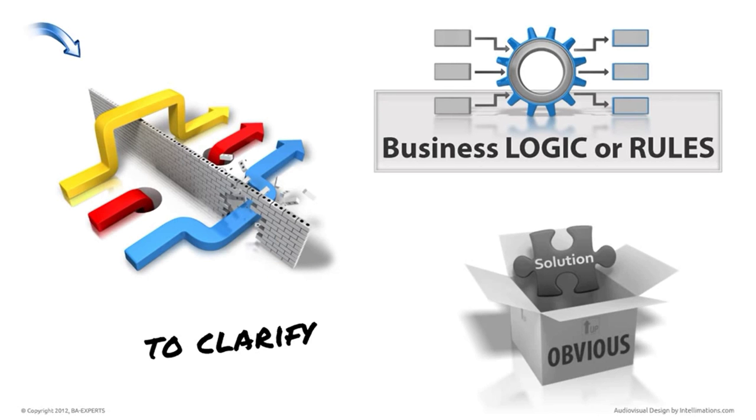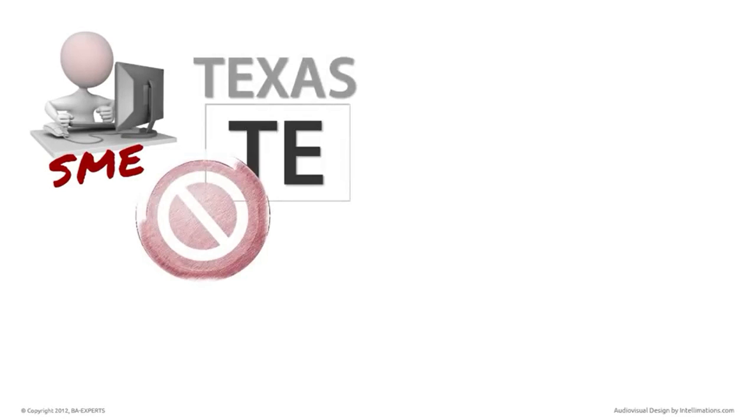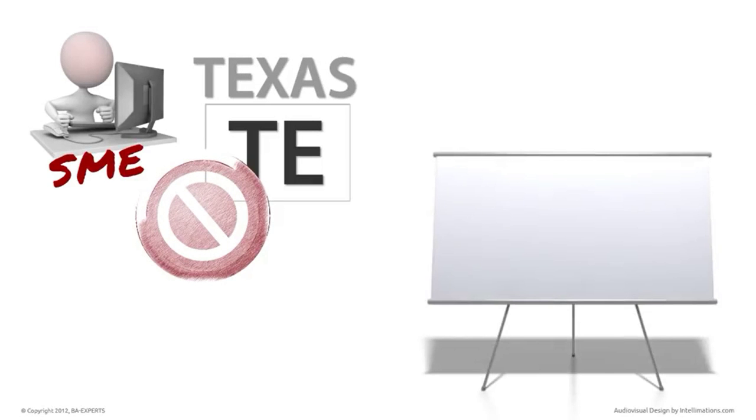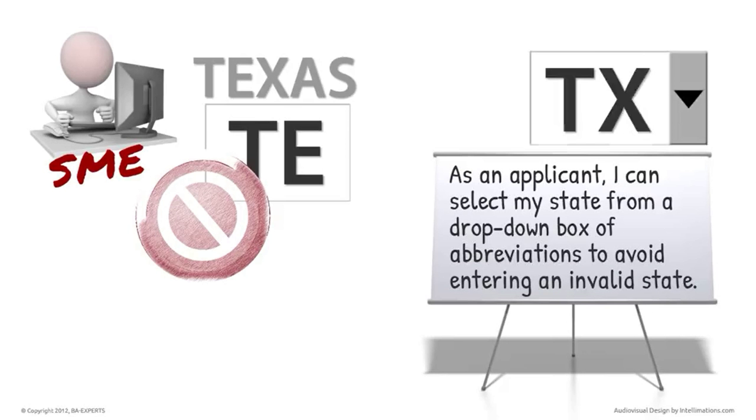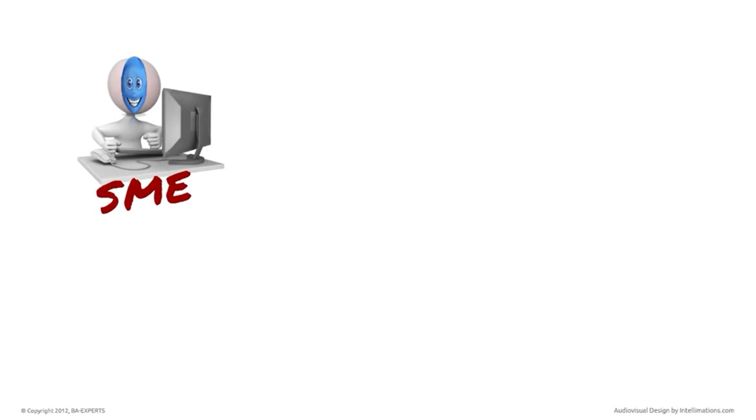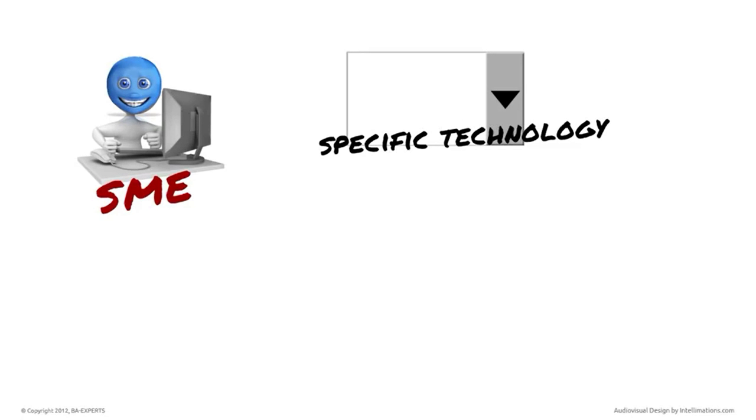Let's look at a real example to clarify exactly how subtle the difference can be. If a subject matter expert, or SME, has a problem with customers entering invalid state abbreviations in the address box of a form, they might be tempted to write the user story: As an applicant, I can select my state from a drop-down box of abbreviations to avoid entering an invalid state. That way, the SME will never get an illegal state abbreviation. The problem is that a drop-down box is actually a specific technology.